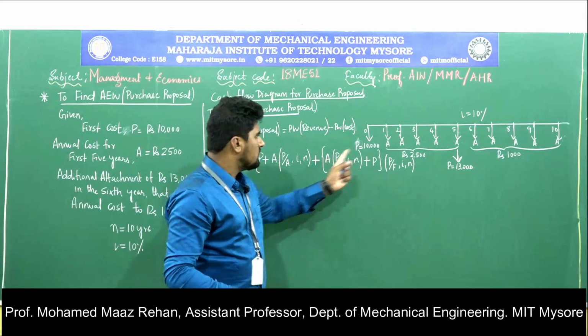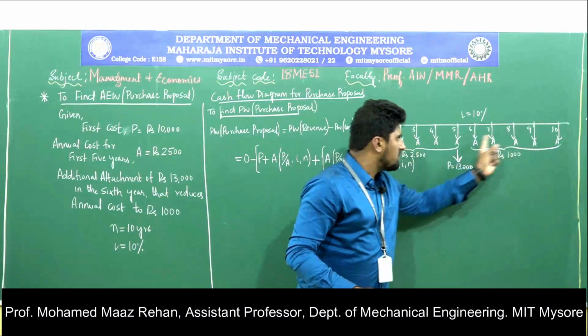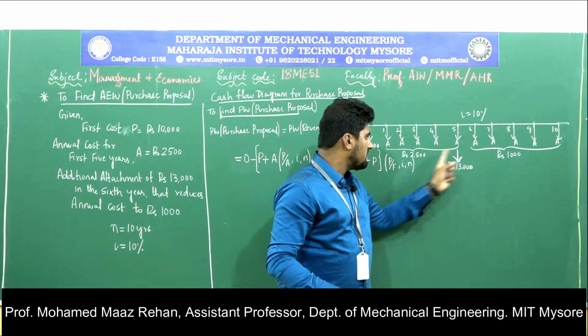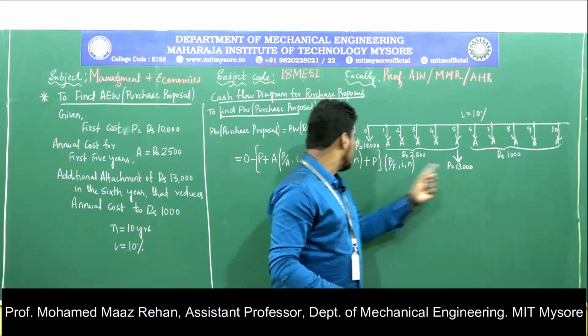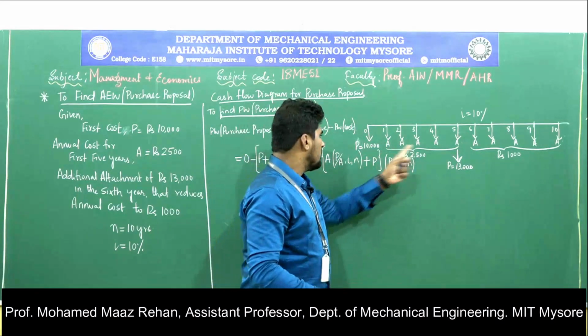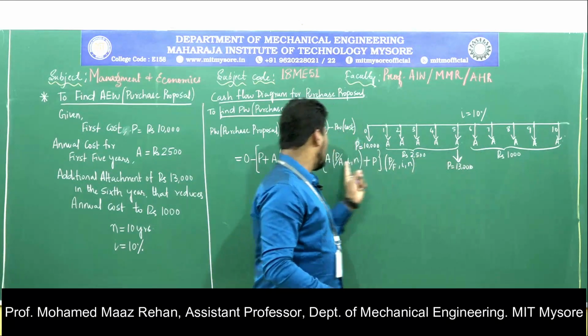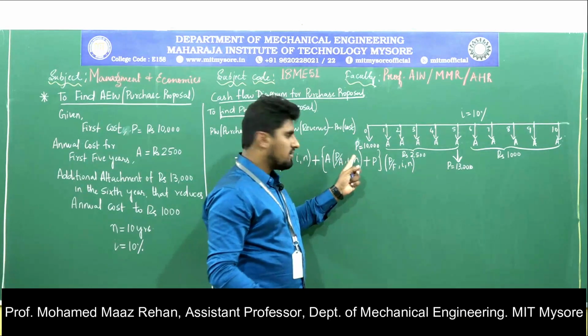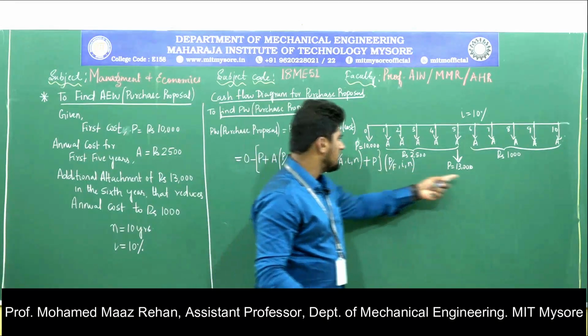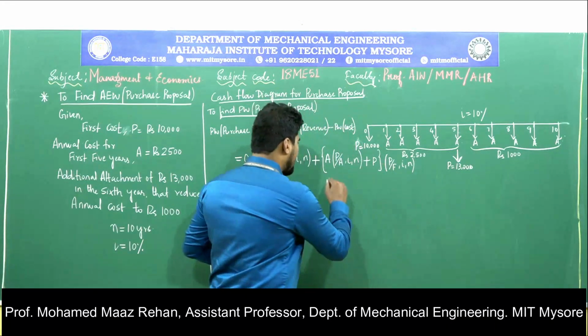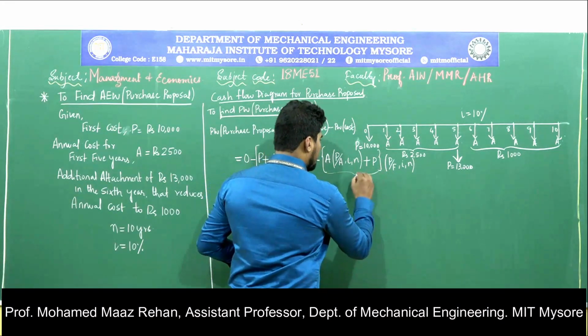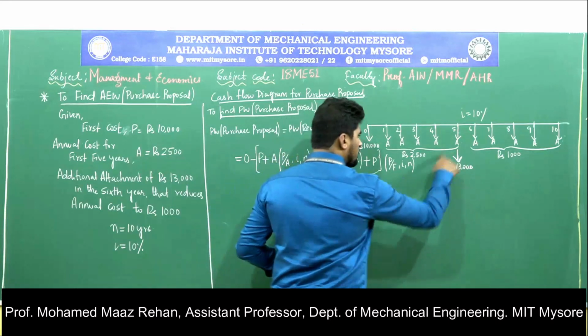So what I have done, I have converted this A at this point, so that is A into to find P when A is known, I comma N, plus this P. So this entire thing becomes F, that is future amount.